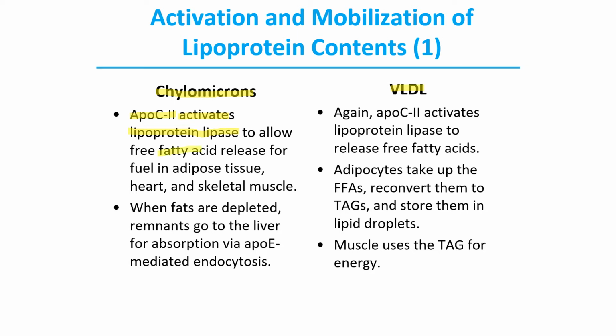So we get the fatty acids which will be released and can be used for energy or fuel in many different tissues, adipose tissue, heart, and skeletal muscles as well. When the fats are depleted, the remnants will go to the liver for absorption. So once all the energy has been extracted, the leftover parts will go to the liver.